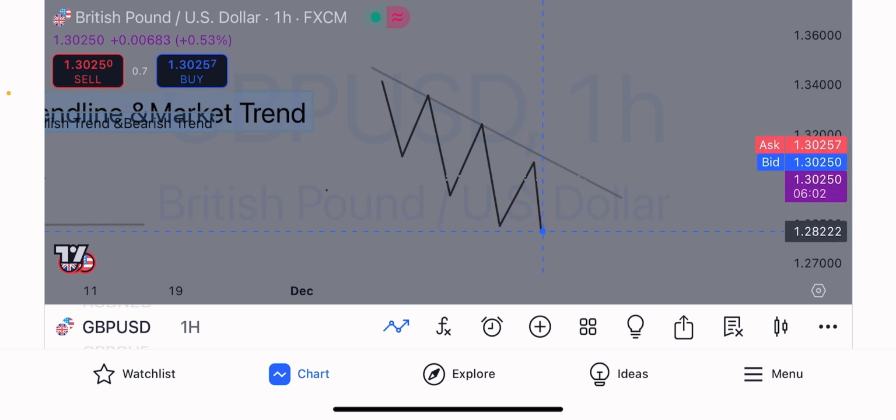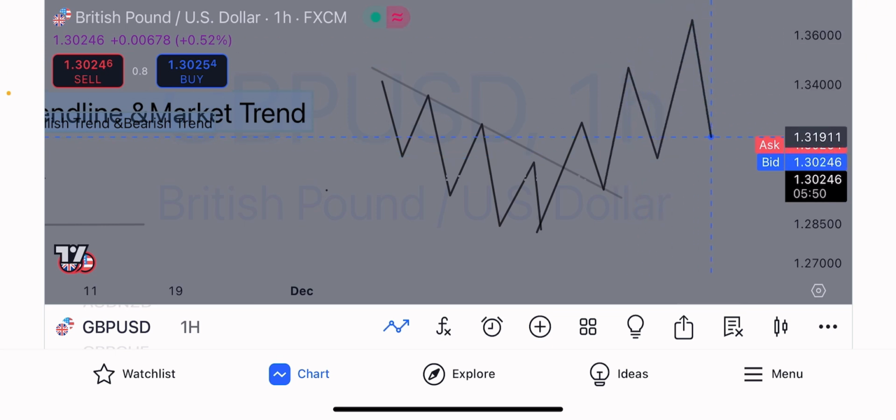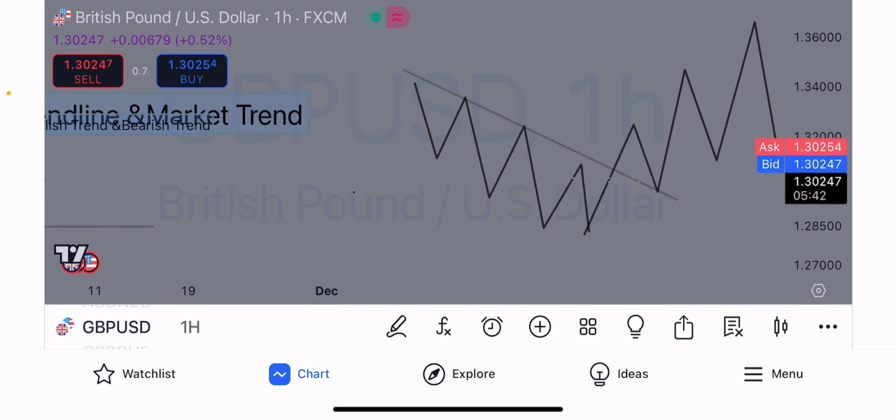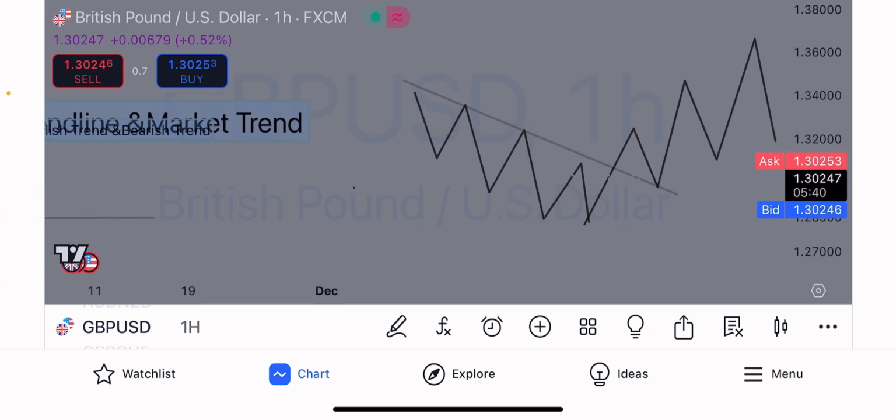It comes here, takes it out, and it breaks the trend line, right? Then it comes back like this, like this, and like this. And if you see, it has actually changed from a bearish trend to a bullish trend. That is how trend line works. This is basically how it works.